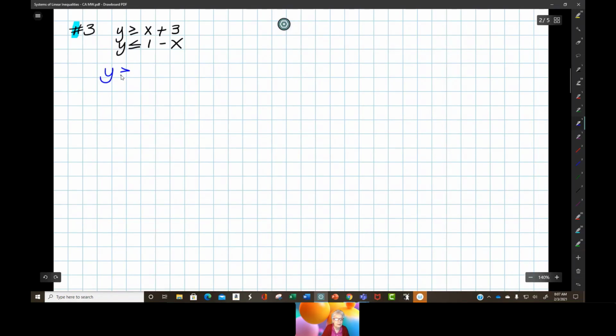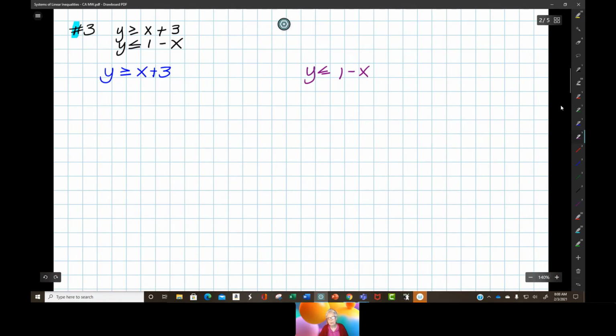Y is greater than or equal to X plus 3. And oh, this is really my favorite color. Y is less than or equal to 1 minus X. Okay, now I've got two colors going here. It also makes it more fun.